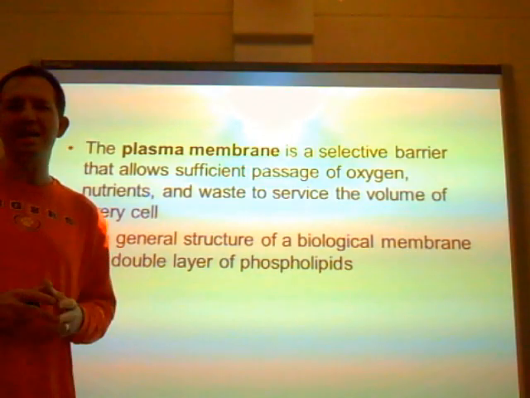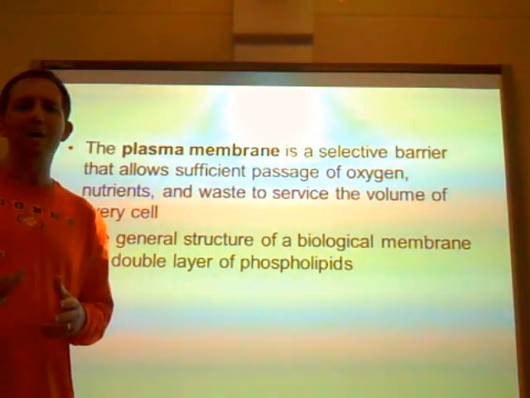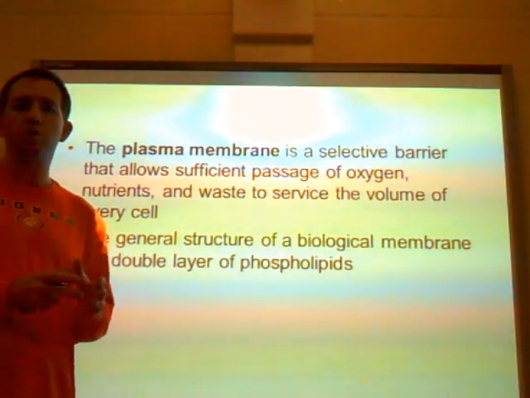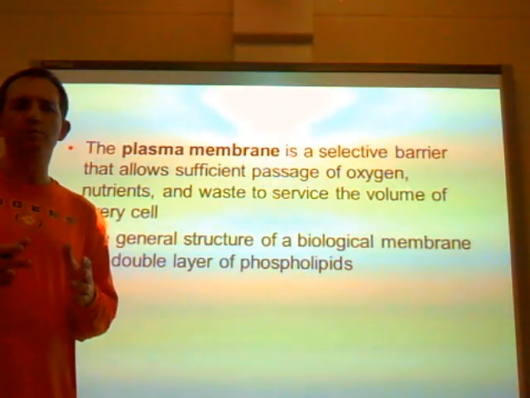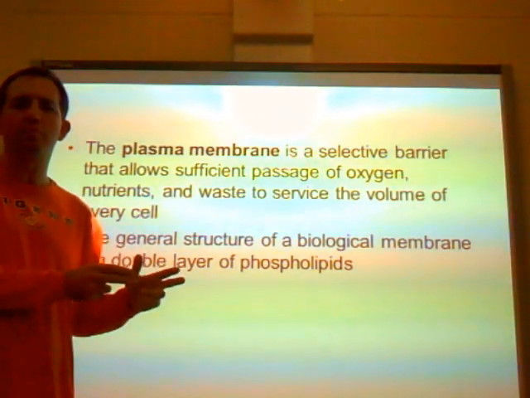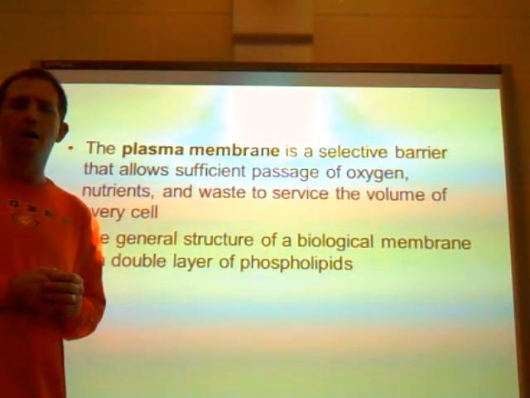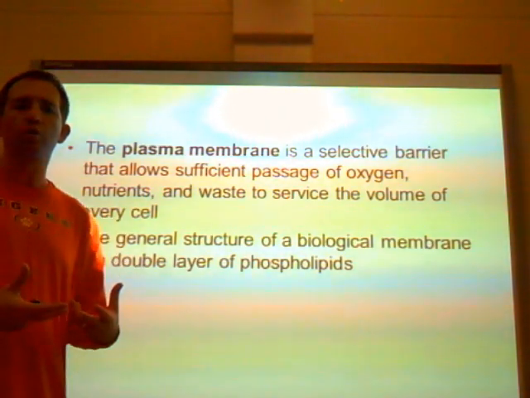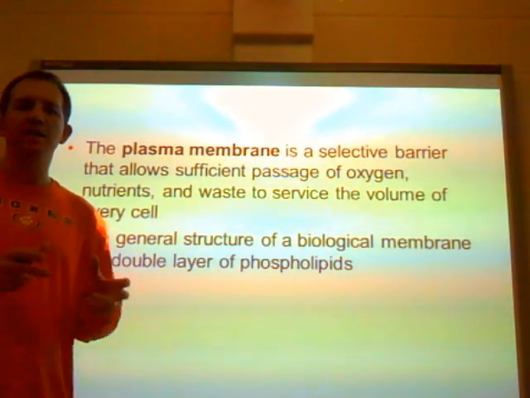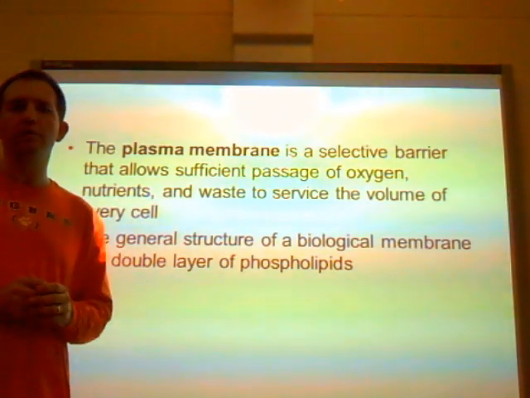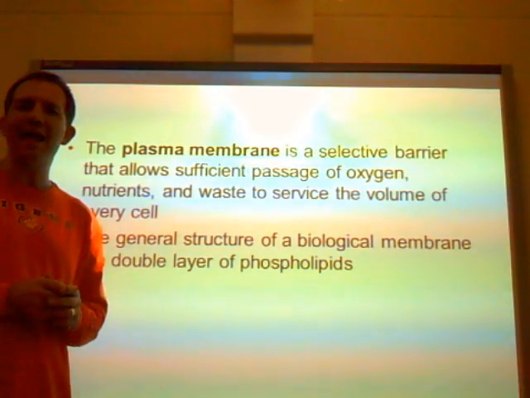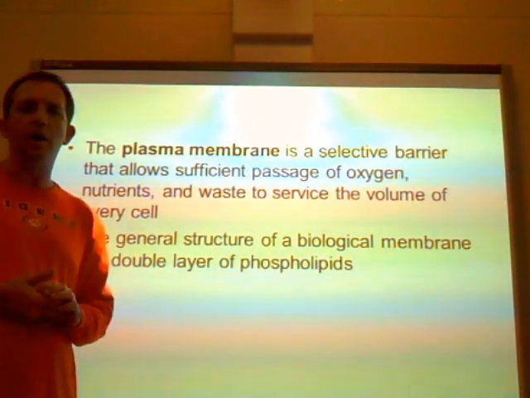And what this means is that this barrier is going to determine what things are able to move from one side of the cell membrane to another side of the cell membrane.